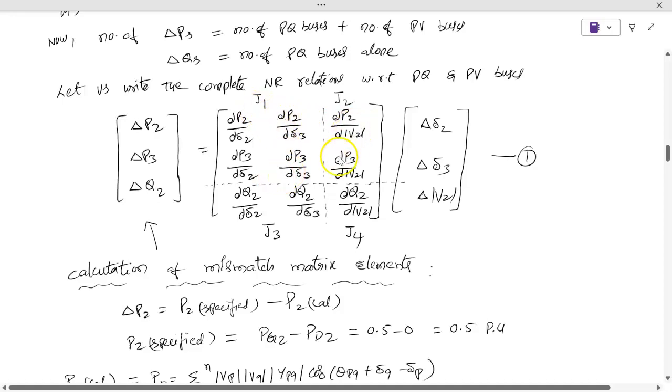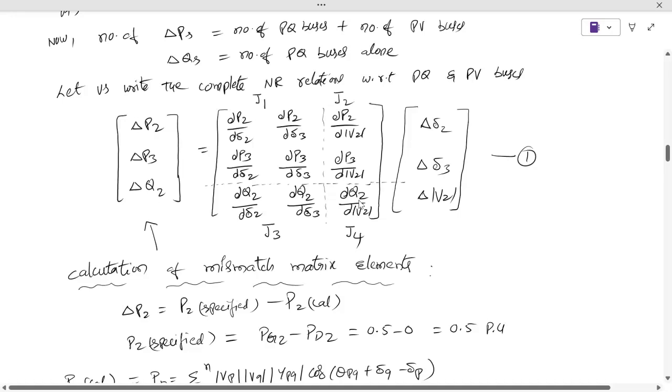All dou P by dou V terms are under another sub-matrix, that is J2. All dou Q by dou del terms are under another sub-matrix J3. All dou Q by dou V terms come under the J4 sub-matrix. So this is one sub-matrix, this is one sub-matrix, this is one sub-matrix, and this is one sub-matrix.